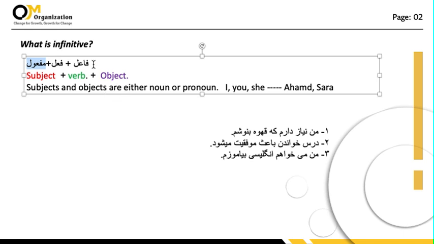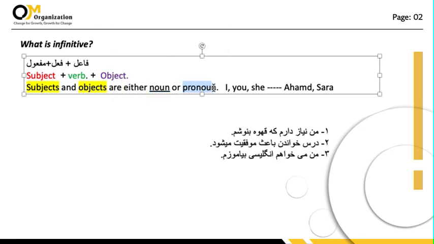So in Persian this is the common structure, and in English this is the common structure that we have. But before that, we need to know something: when we're talking about subject and object, they are either noun or pronoun.